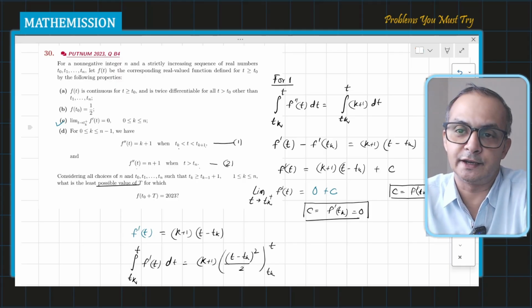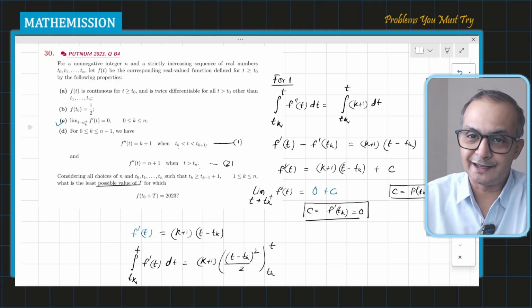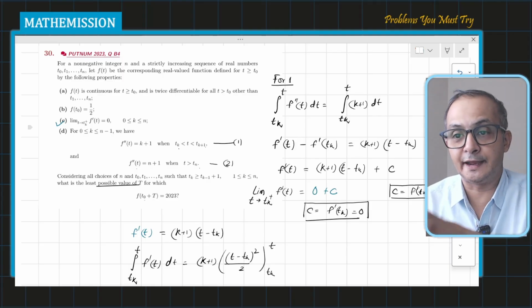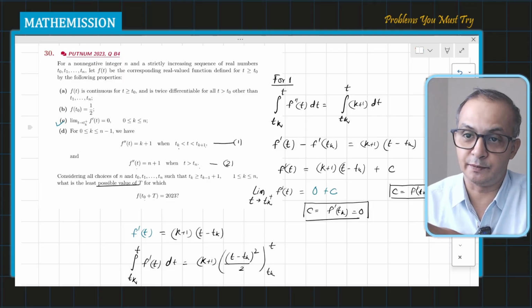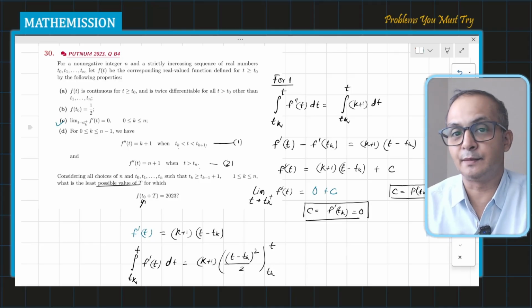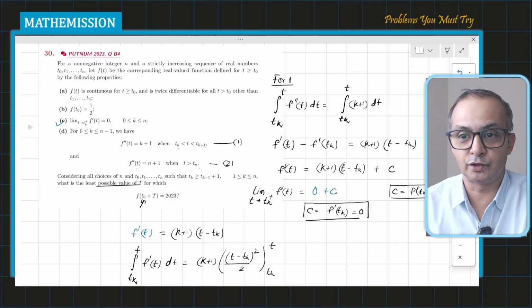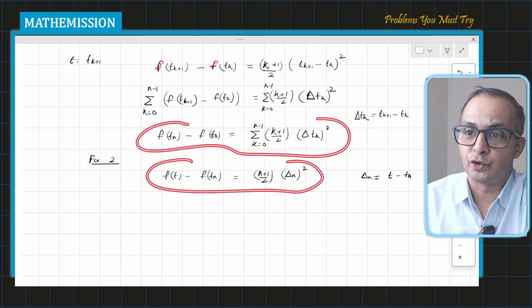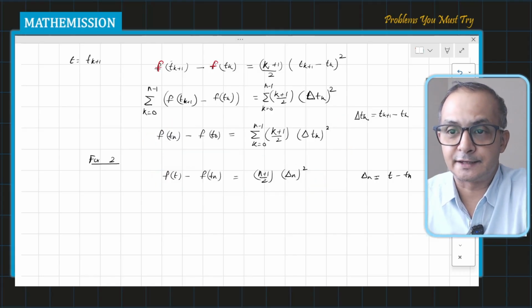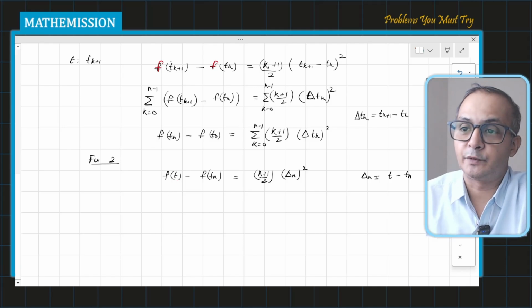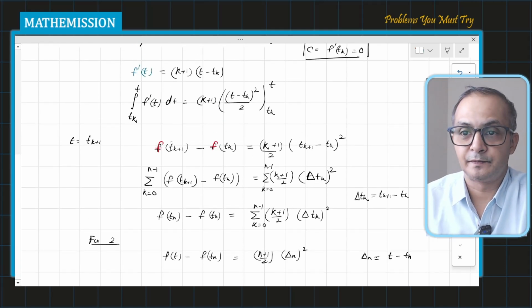They're asking what is the least possible time, starting from t0, for the function to attain 2023, because this is the initial point, and from the initial point we want the minimum time length to get 2023. So T is the time you are looking for, t0 plus T, but I have to first accumulate all the time.